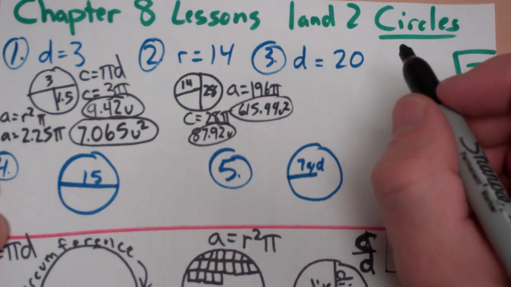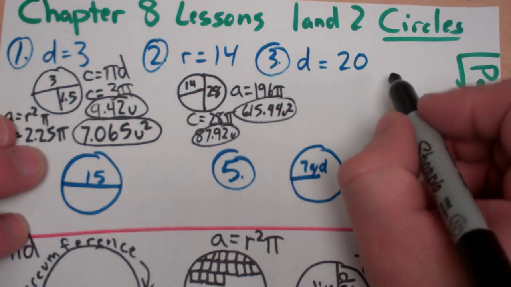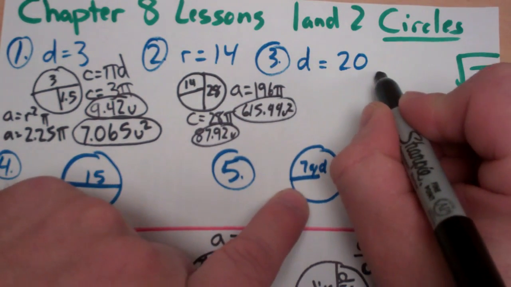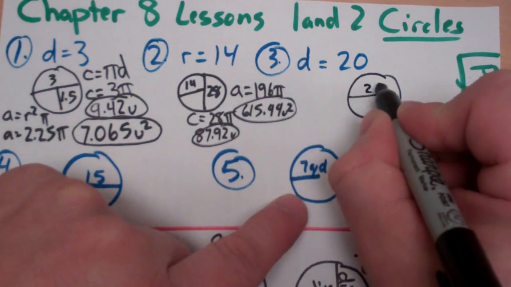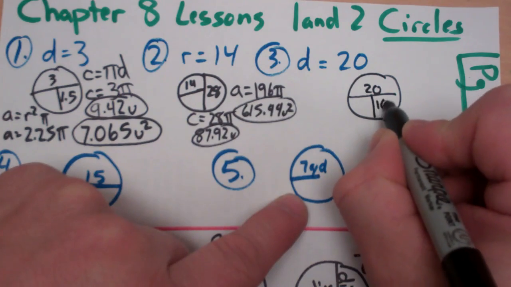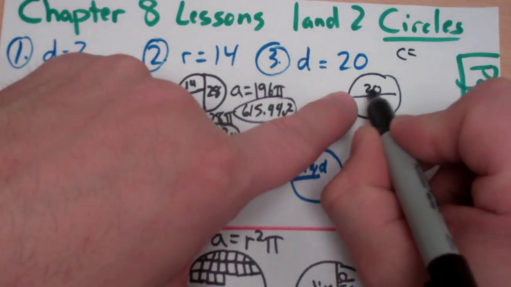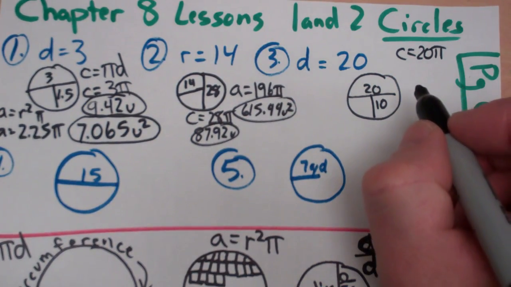Next one. I'm not going to do all these now that I look at it. This is a lot of work just to show you the same thing over and over again, so I'll do one more diameter, one more radius. All right, so diameter is 20, so the radius is 10. If I want the circumference, remember that's pi times diameter. 20 is the diameter, so 20 times pi, there it is in pi notation.